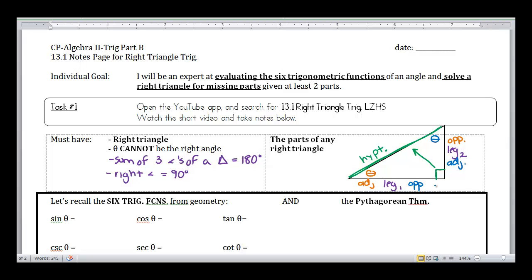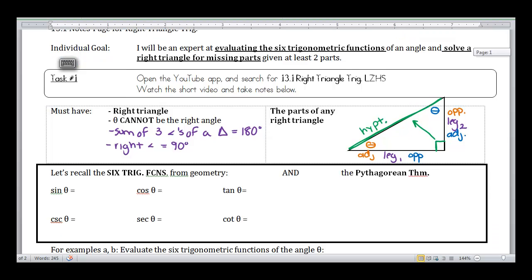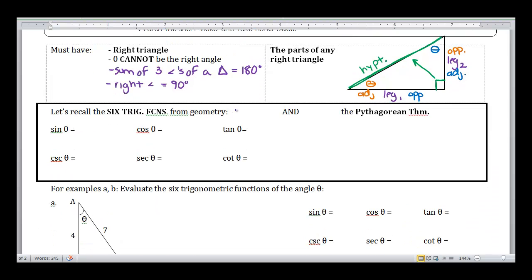So let's now review the 6 trig functions. For sine, cosine, and tangent, you might remember something called SOHCAHTOA from geometry. Basically, in sine, the SOH, the O in the numerator stands for the opposite side length, and the H stands for the hypotenuse.